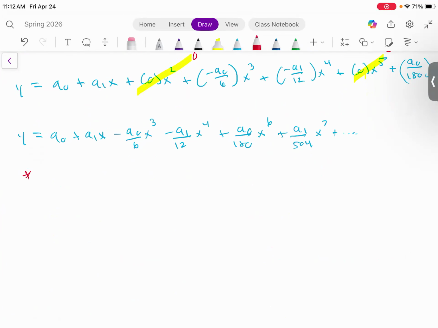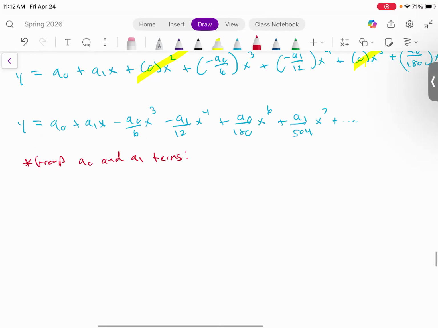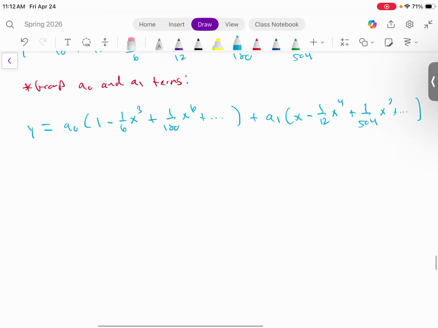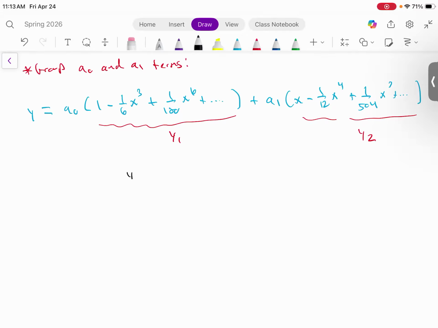If I do that, what I end up with is a naught times 1 minus 1 over 6 x cubed plus 1 over 180 x to the 6 plus dot dot dot, because it goes on forever, plus a1 times x minus 1 over 12 x to the 4th plus 1 over 504 x to the 7th plus dot dot dot. And these parentheses, these functions of x, are what y1 and y2 are. So therefore, I get y equals a naught times y1 plus a1 times y2.